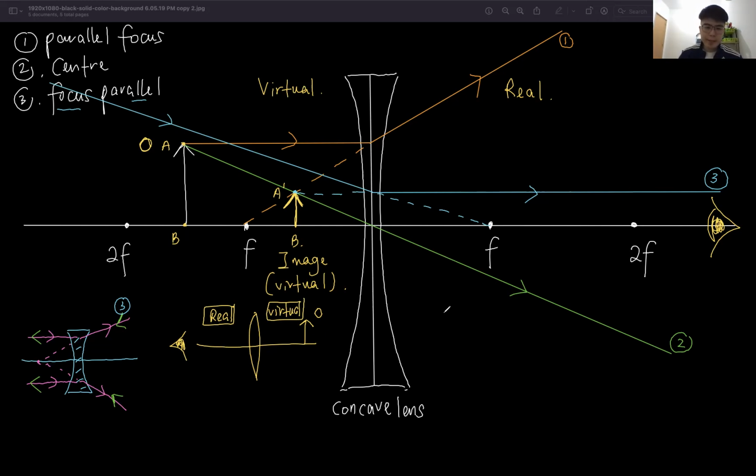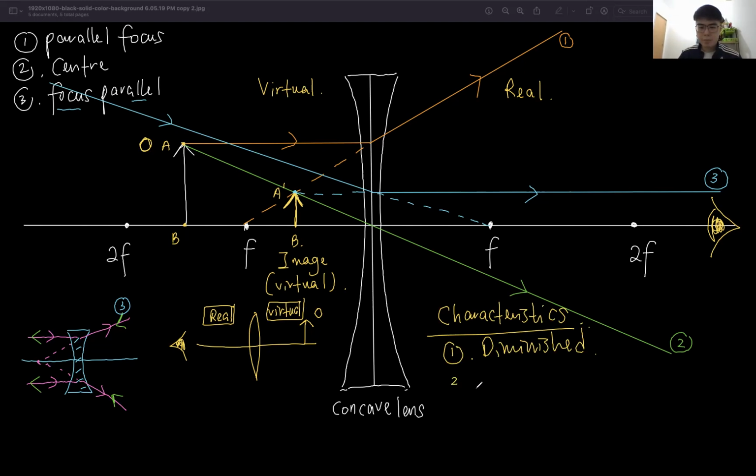Okay, three characteristics of the image again. Number 1, diminished, becoming smaller.